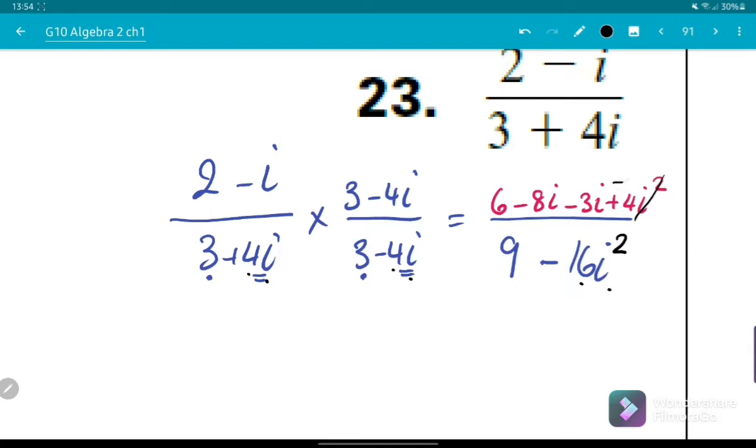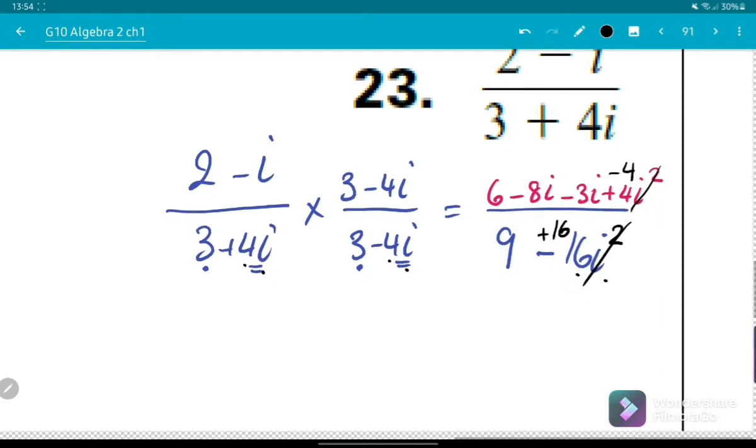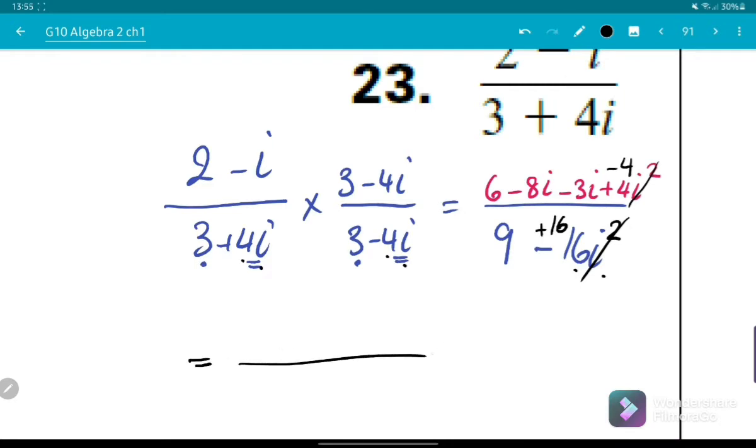For the numerator, i squared will be negative, so negative 4. For the denominator, i squared will be positive 16. In the numerator, this is 6 and negative 4, they are 2. Negative 8, negative 3, it's negative 11i. Add the 9 with 16, the answer will be 25.